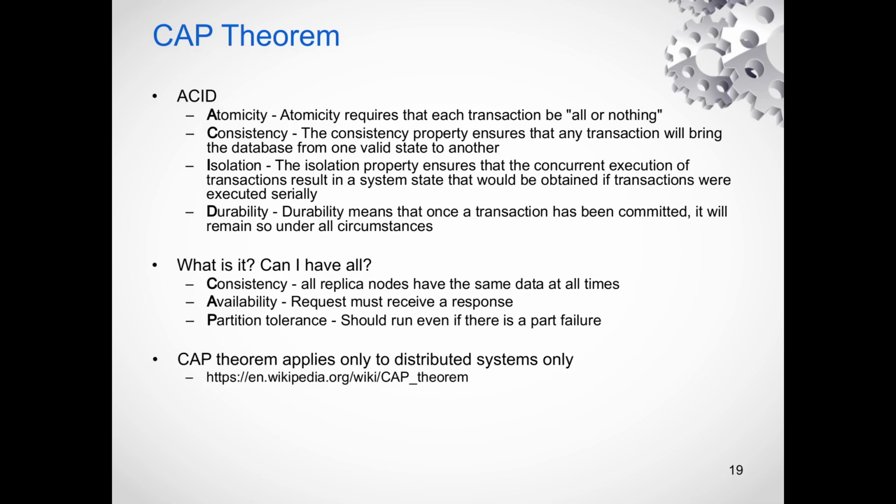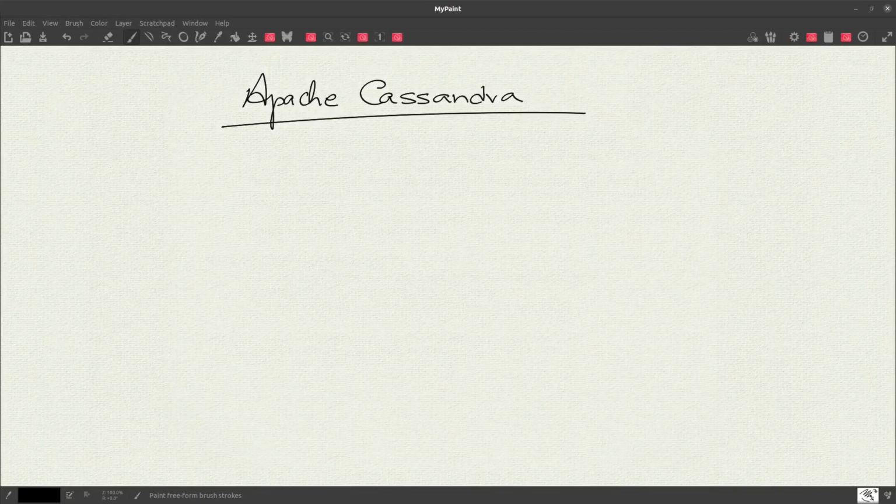Now, why is it so? And what do we mean by a weak attribute? Let's take a look at that. So what I'm going to do is draw two architectures when we are talking about a distributed system.